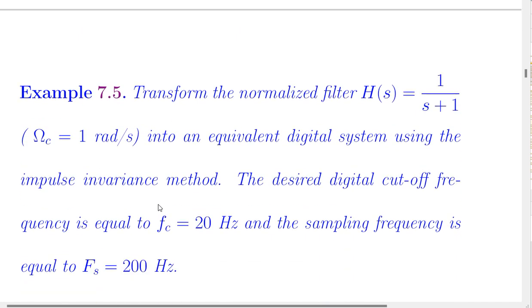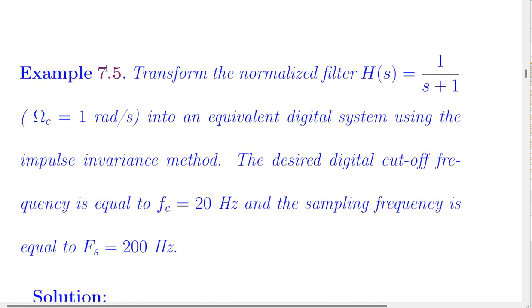So another restriction. Now, as an example, transform the normalized filter H(s) equal to 1 over s plus 1. You should rapidly compute in your head what the angular cutoff frequency is here. You just notice that it's 1 radian per second. Okay?